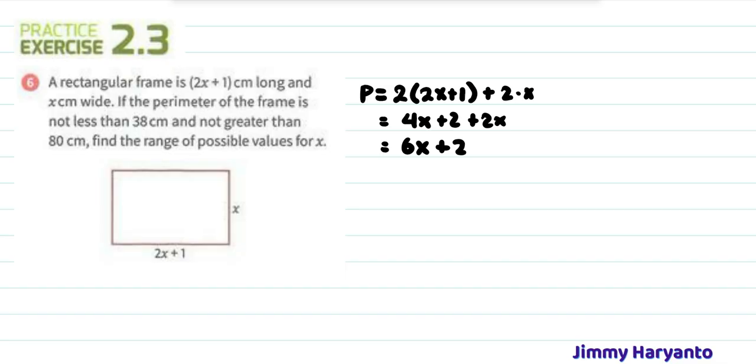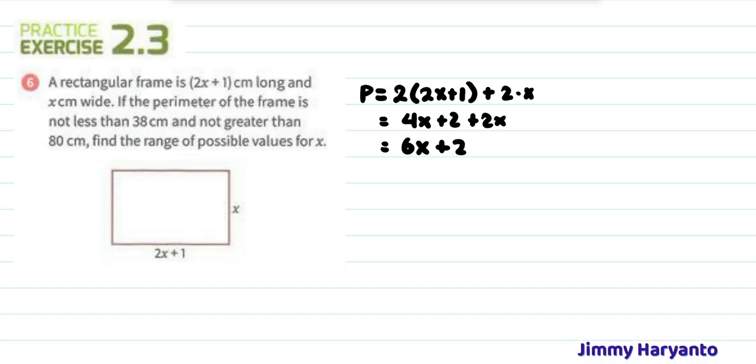The question says that the perimeter is not less than 38, not greater than 80. That means the perimeter will be in between 38 and 80.